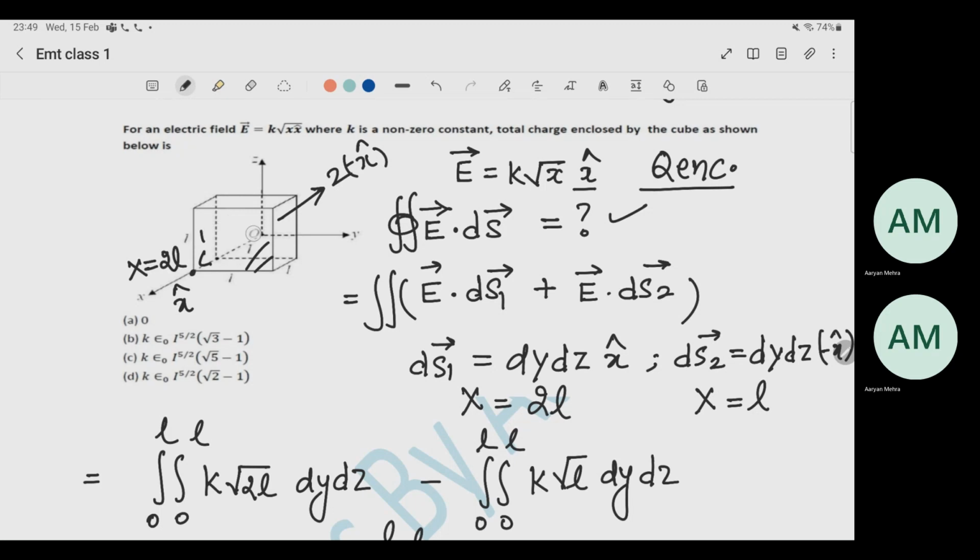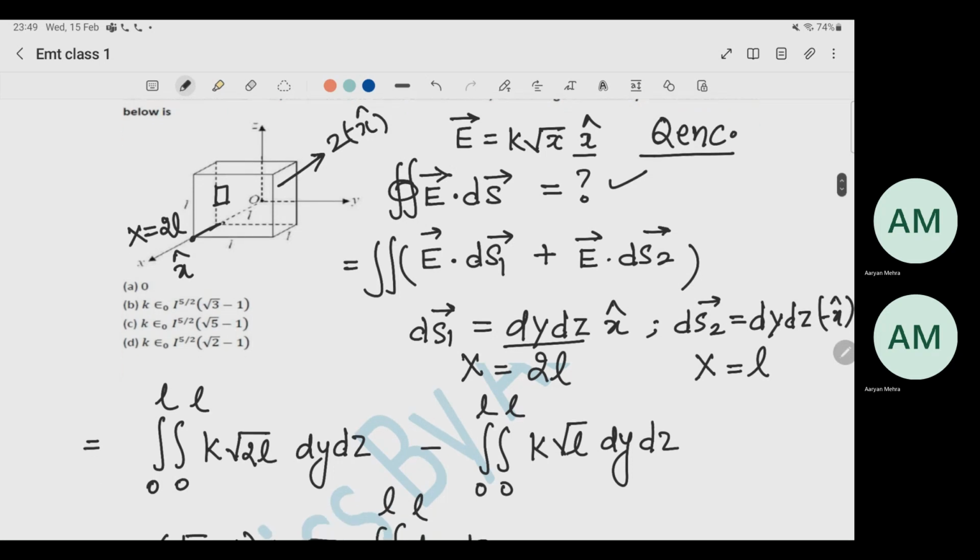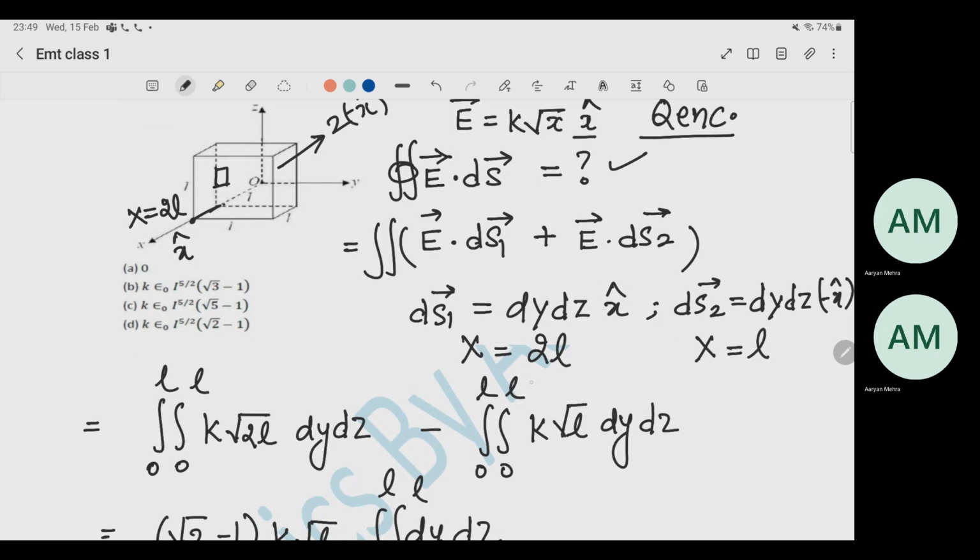You can very easily see, if I remove this, this distance is l and this distance is l, so the total distance is 2l. Your x is 2l, but your y and z are changing. So your small patch on this surface will be dy dz x cap, and your x value on this surface is 2l.